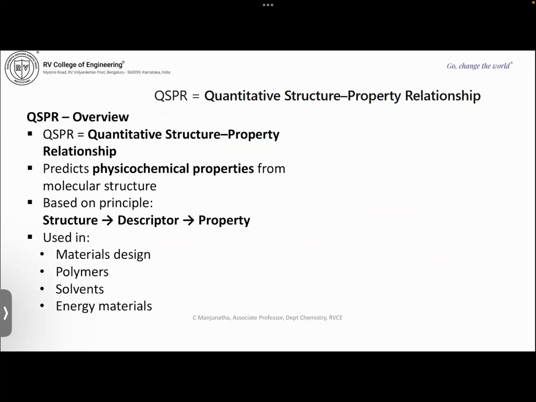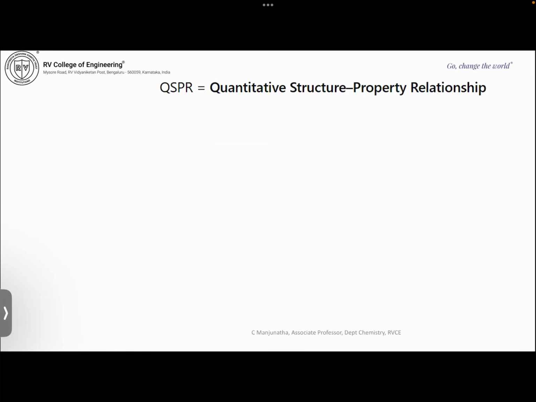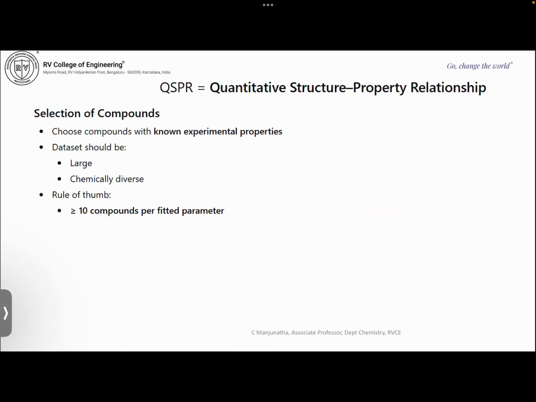So in detail, the quantitative structure-property relationship predicts the physicochemical properties. Based on the principle, the structure is converted to descriptors and then descriptors to property. So this we have discussed in detail. The first step in QSPR is the selection of the compounds. Choose the compounds with known experimental properties.